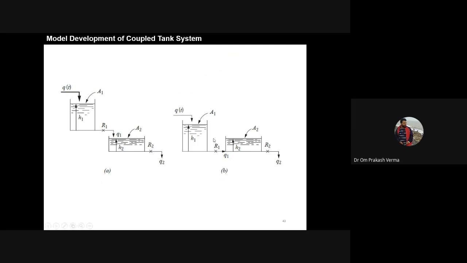So see, this is the two tank system. In the system, two tanks are interconnected. But the interconnection in both of the pictures A and B is in a different fashion. What is the difference? Can anyone tell me? What differences are you observing from the two pictures?